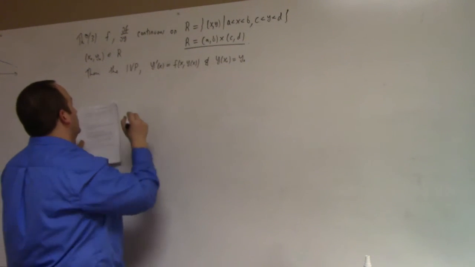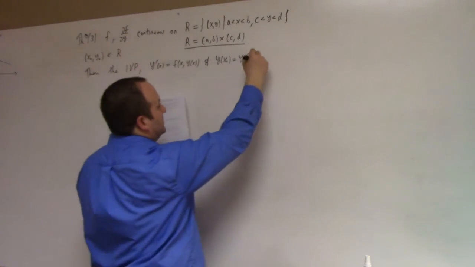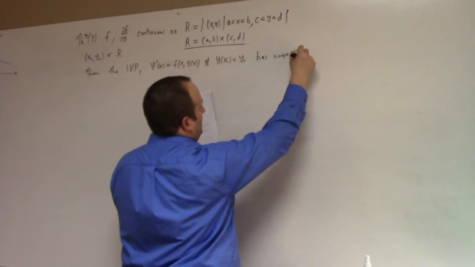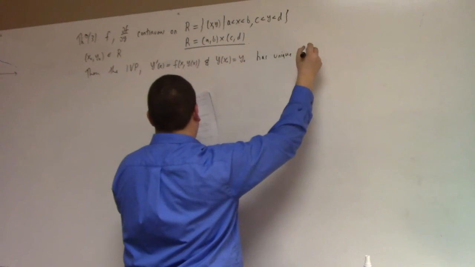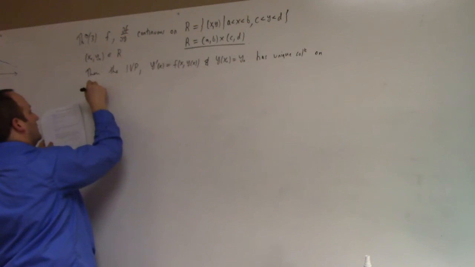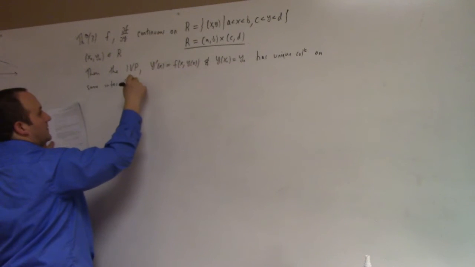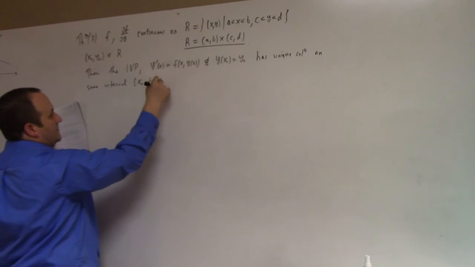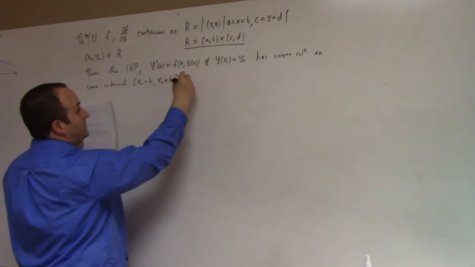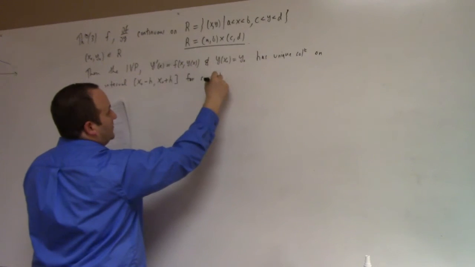Has a unique solution on some interval x naught minus h, x naught plus h, where h is a positive number. Well, that's good. I was worried it was a complex number.